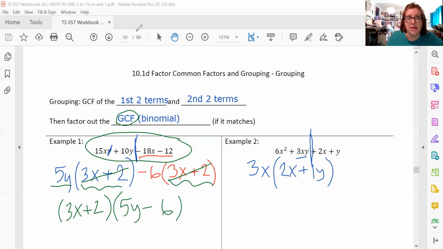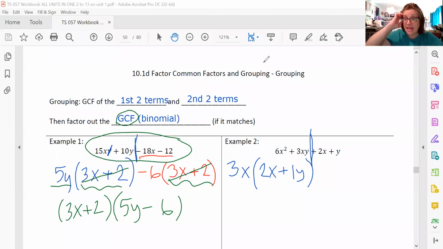So there is my first set of terms factored out. Okay, let's look at the second set of terms. So I have 2x plus 1y. There's really not anything I can factor out of that, so I'm just going to take out a 1, which is going to leave me with 2x plus y.